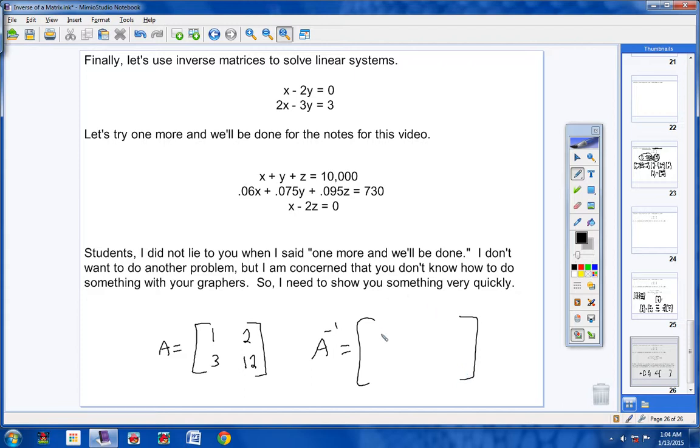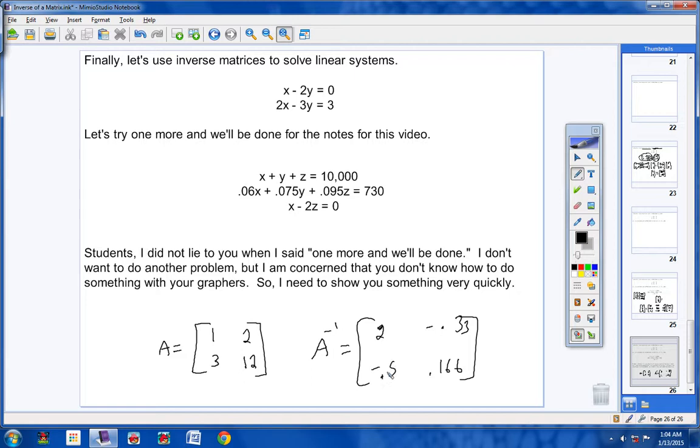You get, and some of you can try this if you want to, a 2 right here. Then you get negative 0.33, then you get 1.166, then you get negative 0.5.